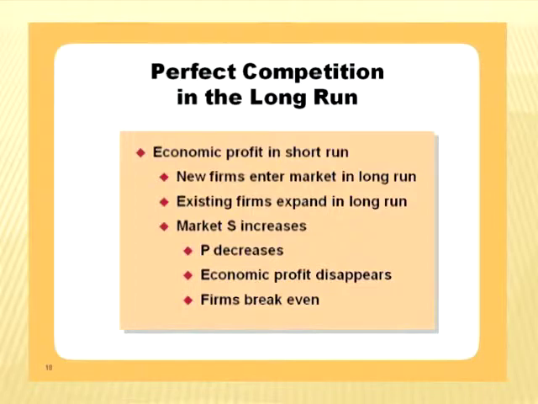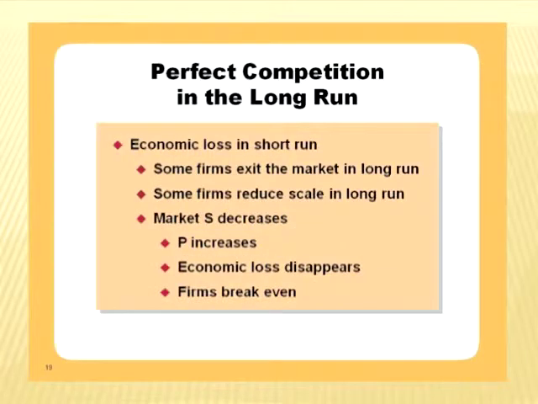So in the short run, you might make an economic profit as a pure competitor or perfect competitor. However, as you attract other entrants into the market or you change your scale of operation, if everybody does that, ultimately it increases the market supply and decreases the price.